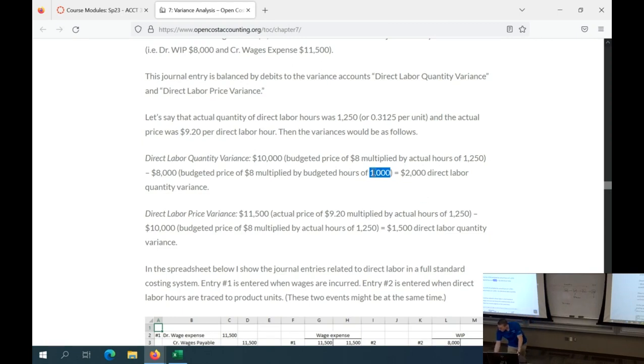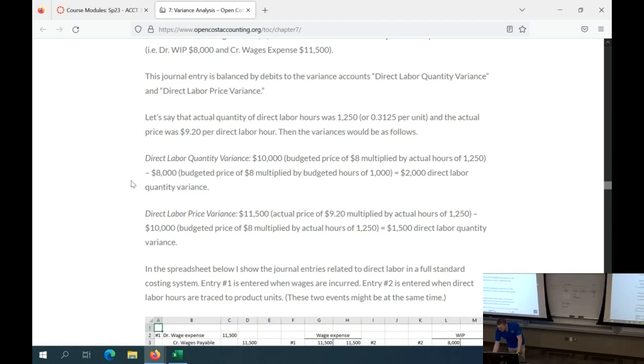And so when we have the standard price times the standard quantity, that's full standard, it's $8,000.